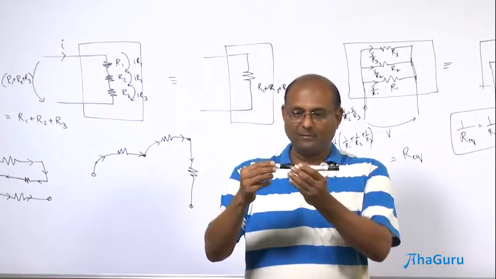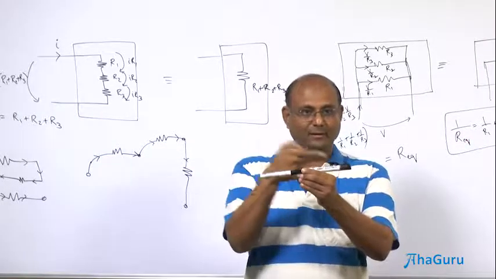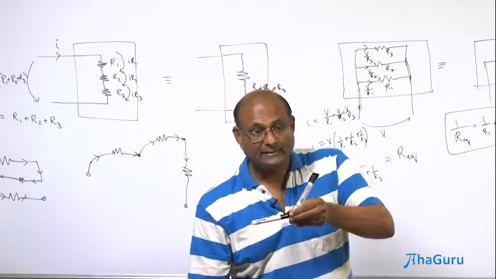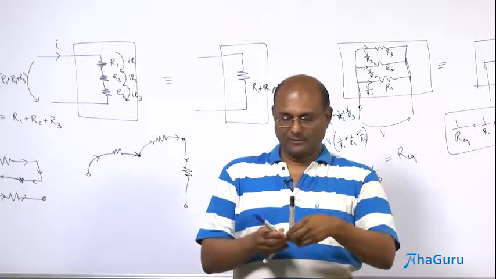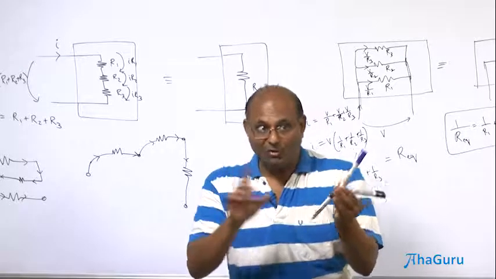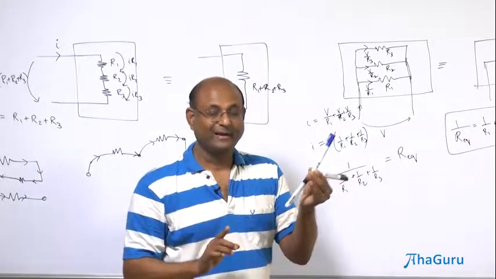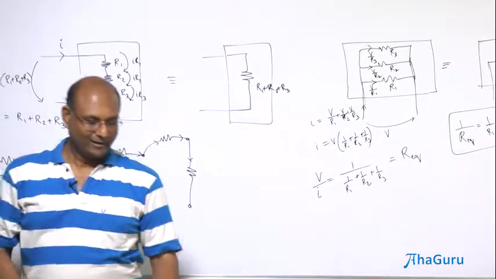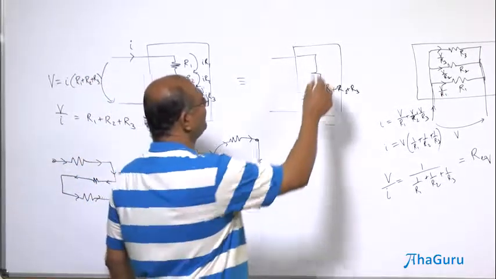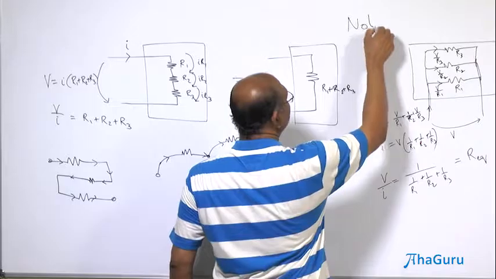Whatever comes in goes fully here, whether it looks like this or like that doesn't matter, it is series. If it branches, then it is not series.